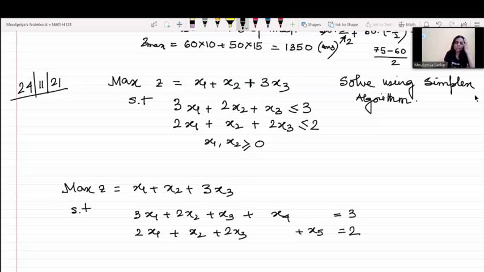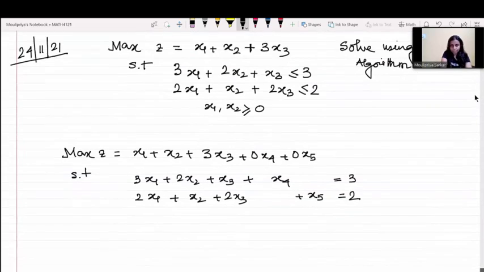How about the objective function? How will that change? Plus 0x4 plus 0x5. Okay. So the problem has been recasted.